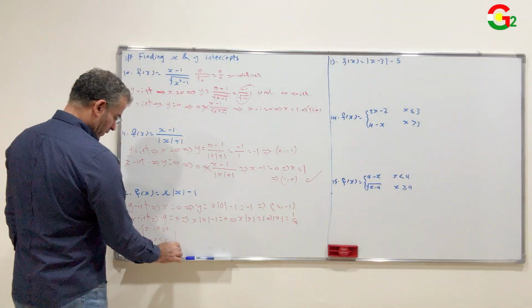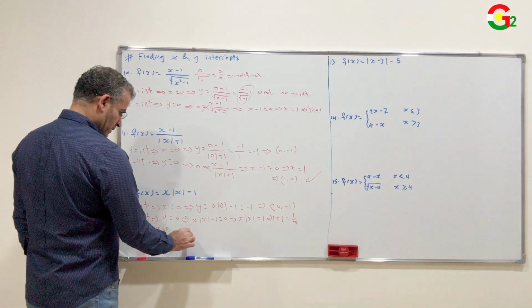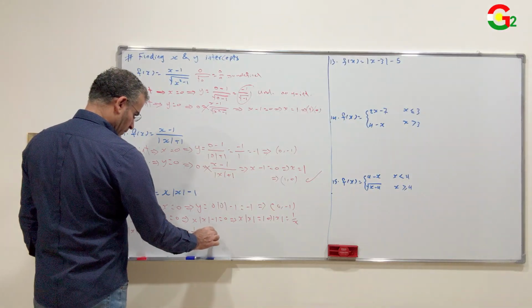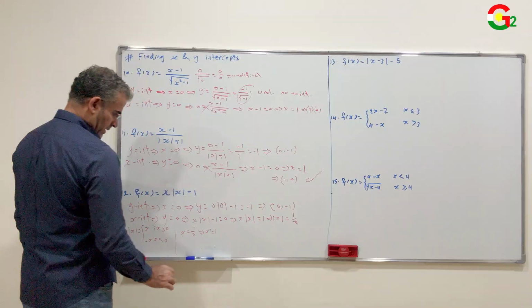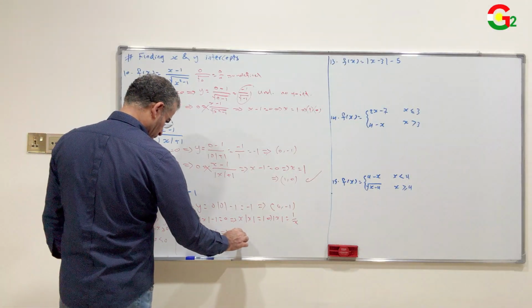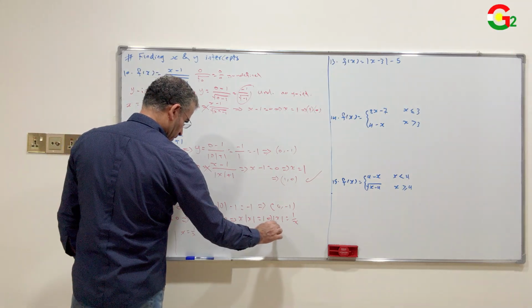Then I'll solve both cases. I set x equal to 1 over x, then x squared equals 1, then x squared minus 1 equals 0, then x equals plus or minus 1.